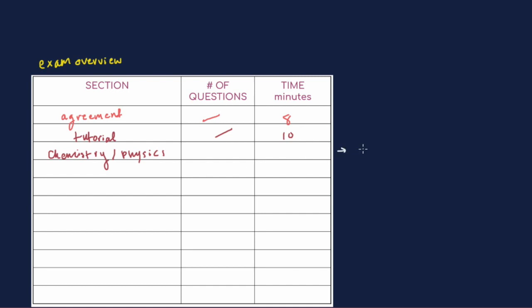This section is 33% general chemistry, 25% physics, and 25% biochemistry. It's also 15% OChem, or organic chemistry, and only 2% biology.